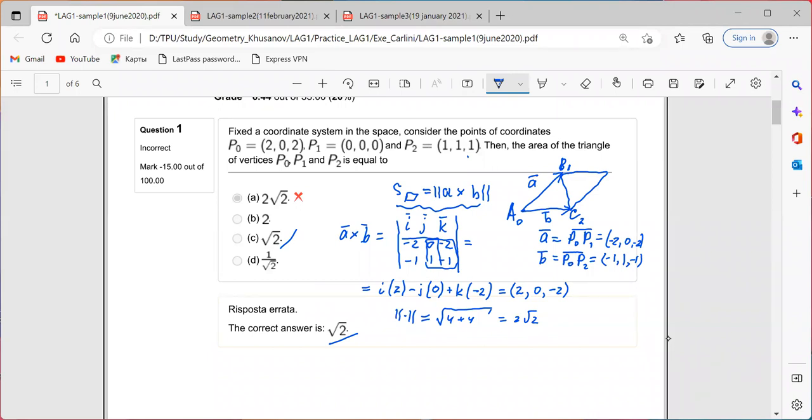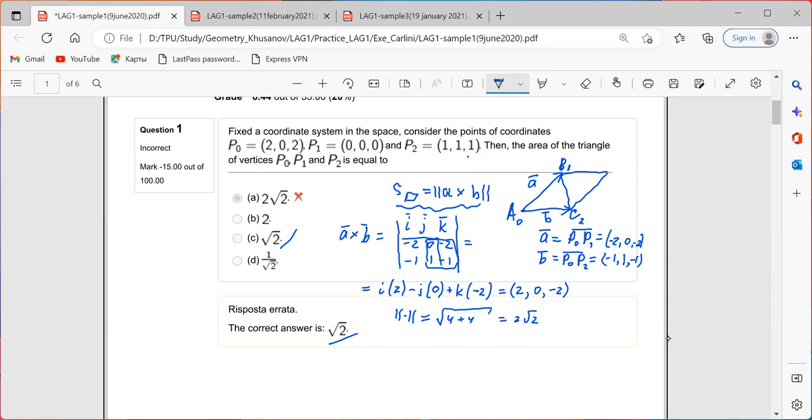Okay, do you have questions about this kind of exercise? All right, for the last thing, can you repeat the algorithm of finding it step by step? Cross product, you mean? No, everything. Everything. Algorithm. Okay.